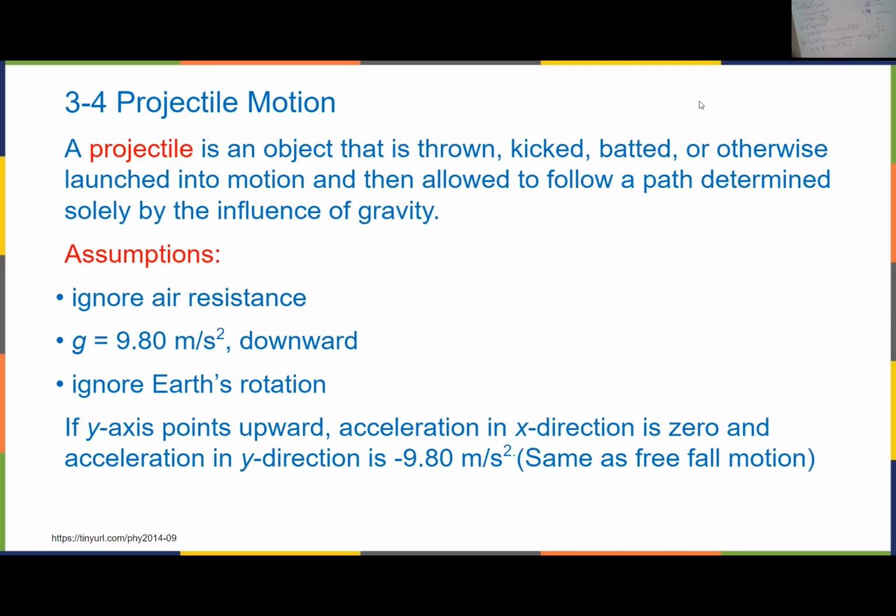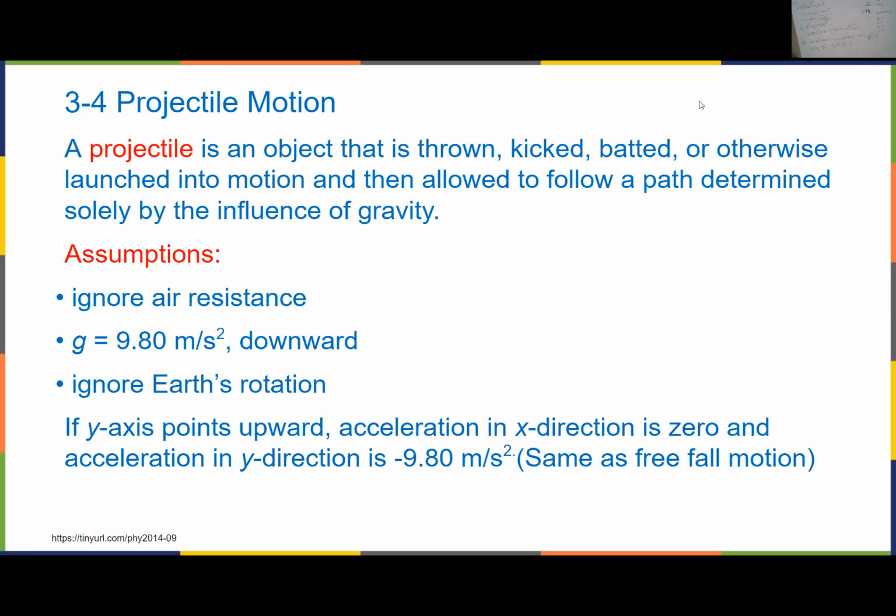Actually, there are assumptions here. So let's talk about the assumptions. The first assumption is we ignore the air resistance. Okay, so you can imagine anything you throw in the air will experience air resistance, although it might be small if the object is heavy. But in some cases it's significant, like if you are throwing a very light object like a paper, a tissue, or a feather.